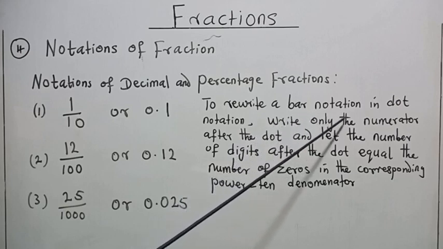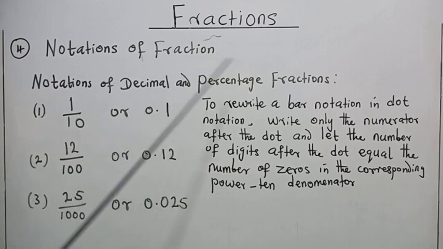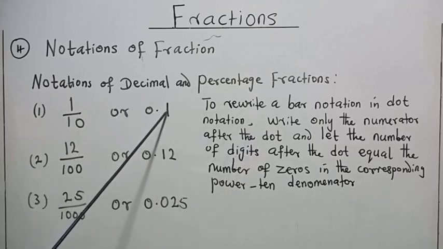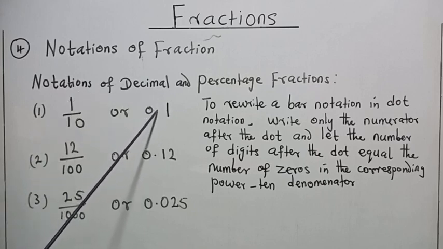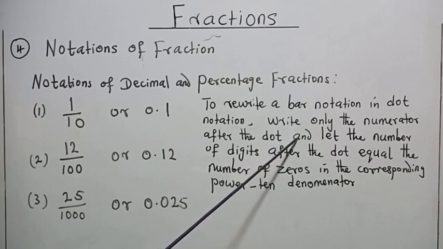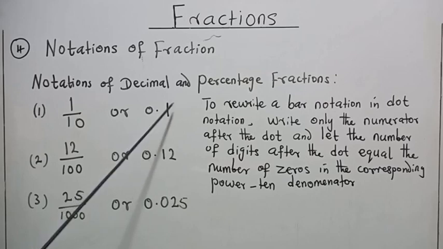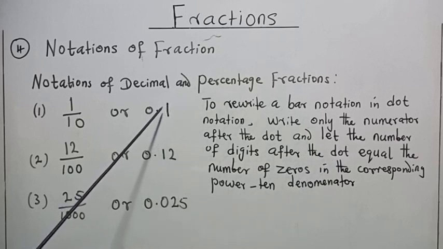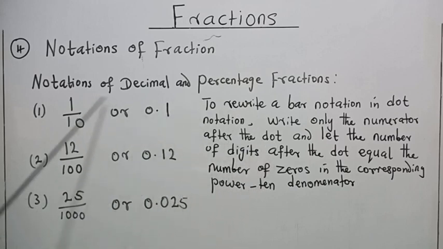Write only the numerator. Okay, this is my numerator. See it here. Written when and where? After the dot. See my dot here, which I placed. So 1 was written, that is this numerator, which is 1, was written just after this dot. And what is next? Let the number of digits, in this dot form, after the dot, that come from this dot onwards be equal to the number of zeros in this power 10 denominator.